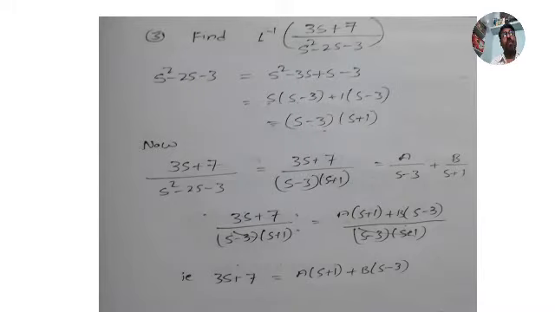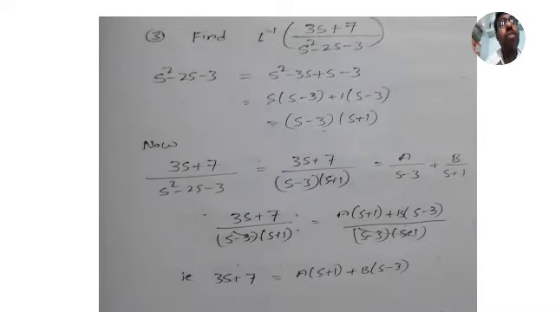Now the third problem. We are going to cover many problems with solutions. The third problem is: find L inverse of 3s plus 7 by s square minus 2s minus 3. Again you have a quadratic, so you have to convert it into linear factors.